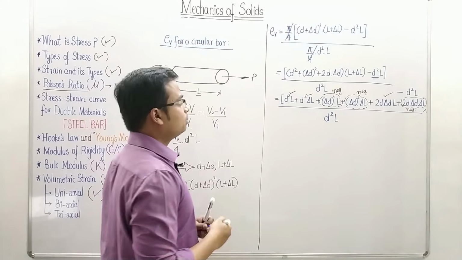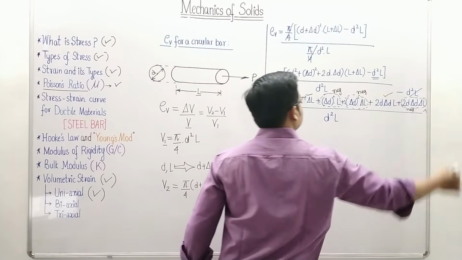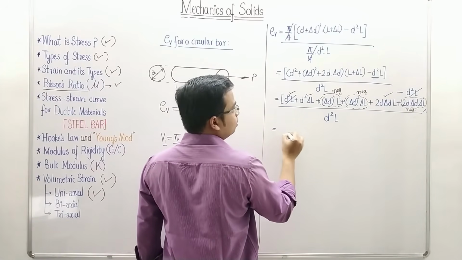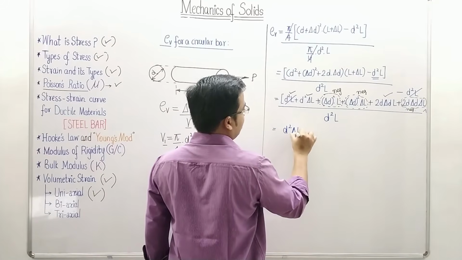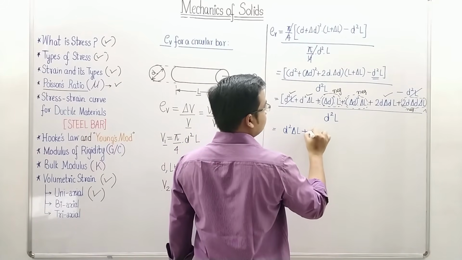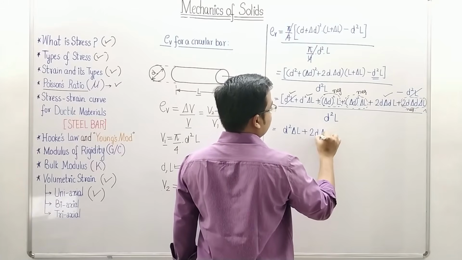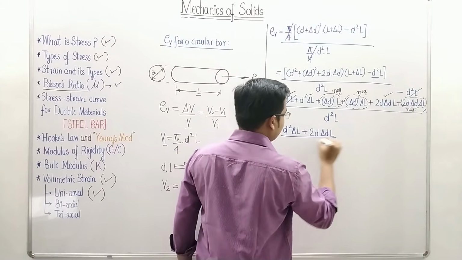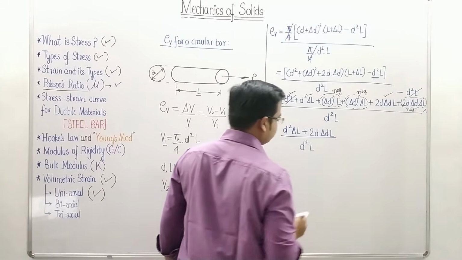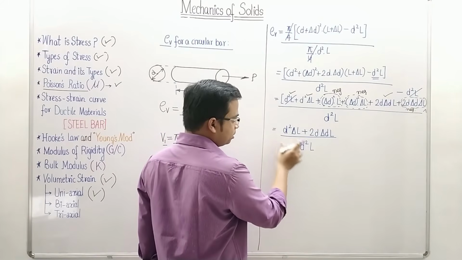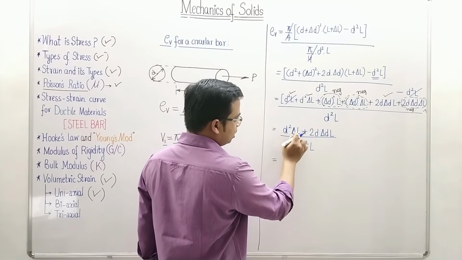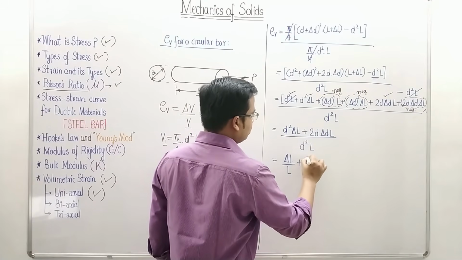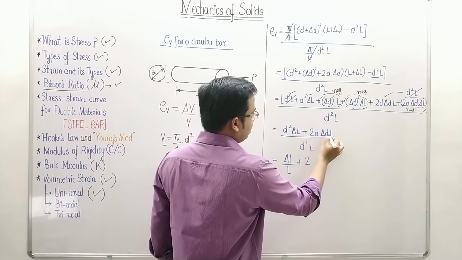The only thing that we need to do is, please watch this, D square L and D square L will cancel out. The stuff that is going to remain inside, let me just write all of this: D square delta L and 2D delta D and L, and that's it, whole divided by D square L. Okay, now if you just do the division, D square and D square will cancel out, delta L over L, plus 2 times delta D, D will cancel out.